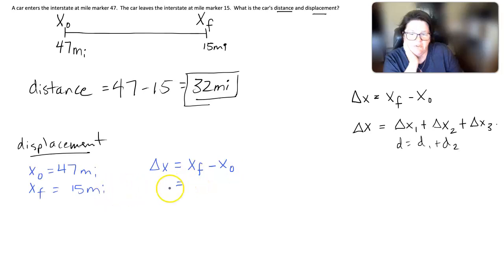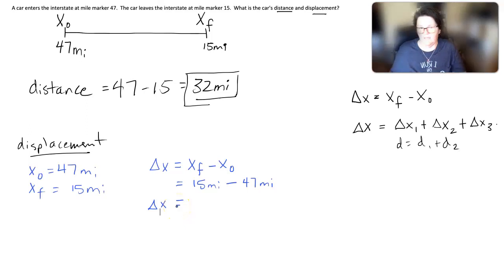The final position was 15 miles. Her initial position was 47 miles. She was at the 47-mile marker. And so her displacement is 15 minus 47. And you can see you're going to get a negative number for that. So it's going to end up being negative 32.